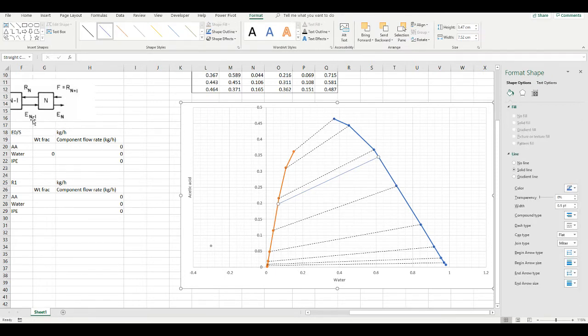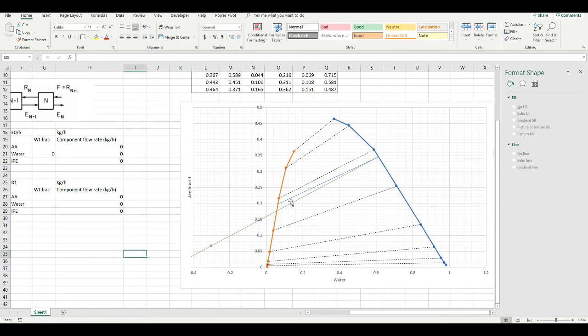Now we want to step down to En minus 1, and to do that, we're just going to trace a line from Rn and trace it all the way to the delta point. There. And where this line intersects, and let's just change this color so that we can differentiate it, and where this line intersects with the extract line, this is the composition of En minus 1.